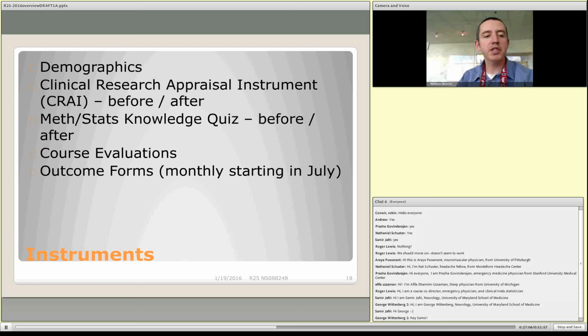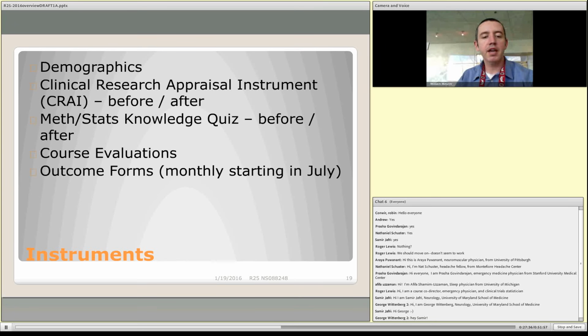So some of the instruments that we would be collecting, again, your general demographics. We use a clinical research appraisal instrument, which gives your basic self-assessment as to how well you can do various research tasks. Methodology statistics knowledge quiz, don't panic about it. Course evaluations obviously come frequently. And then after you finish the course, we have outcome forms where we're trying to learn about what's happened with a clinical trial or project that you've developed.